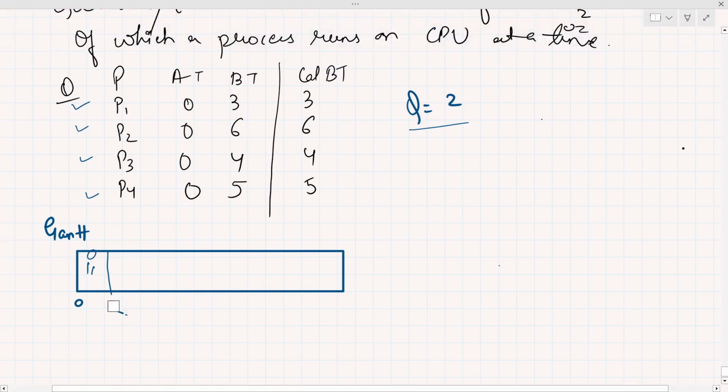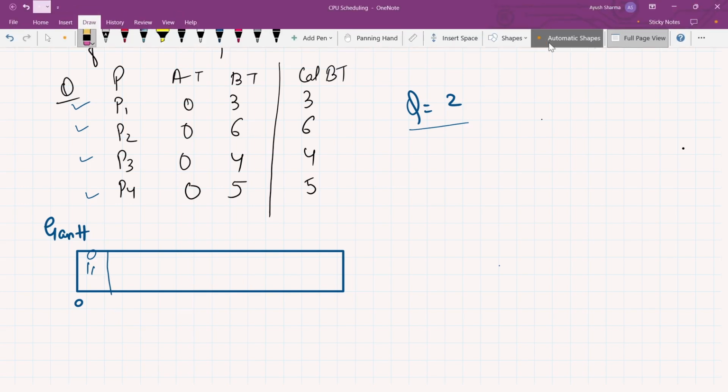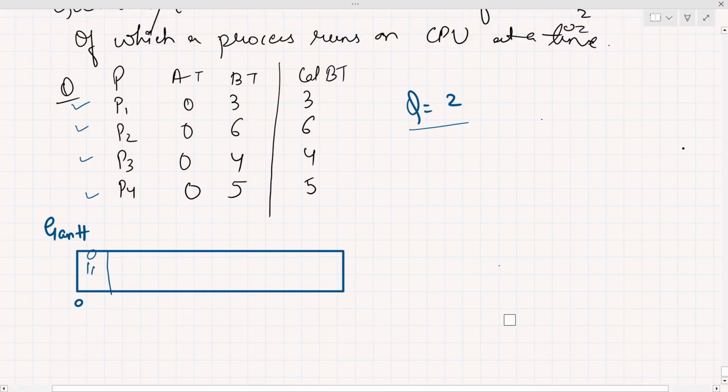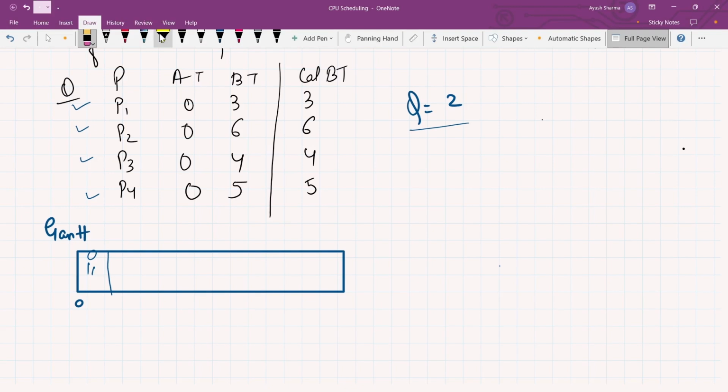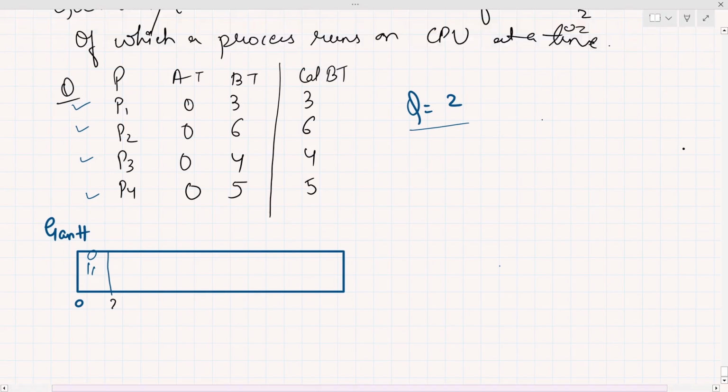So P1 runs from 0 to 2. After that, the burst time left for this process is 1, because it ran 2 units of time.